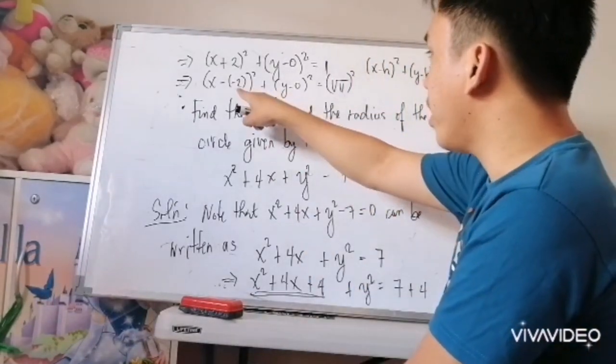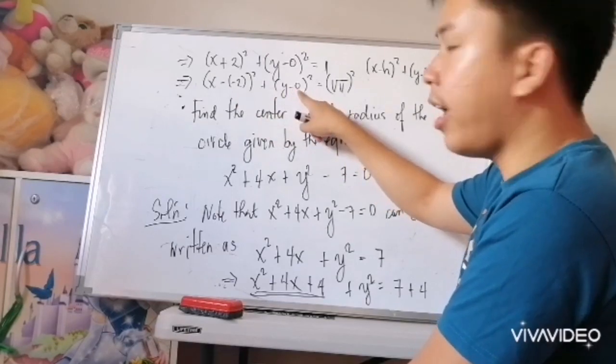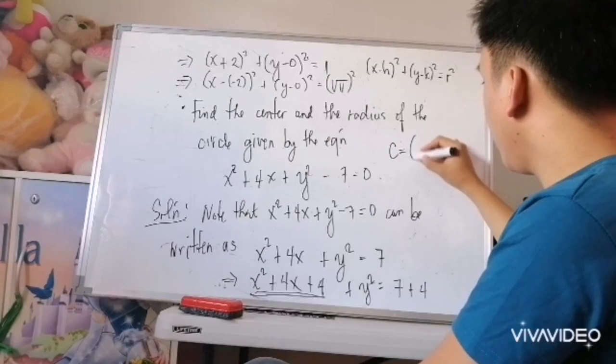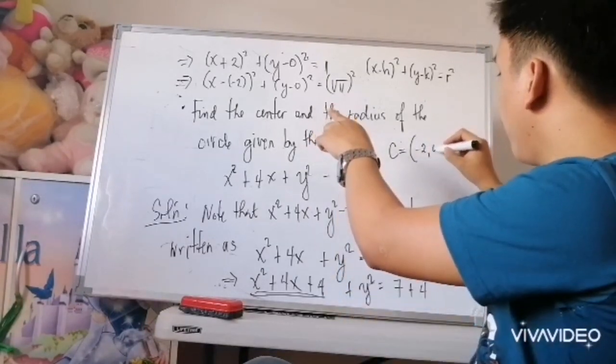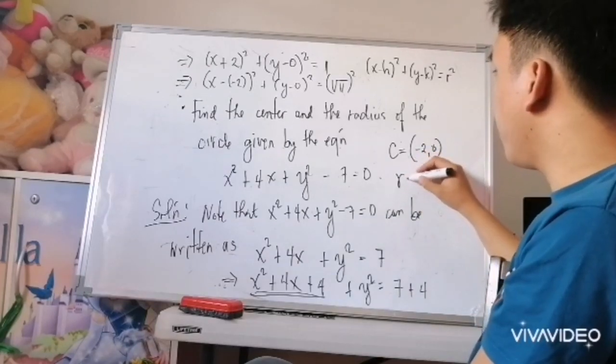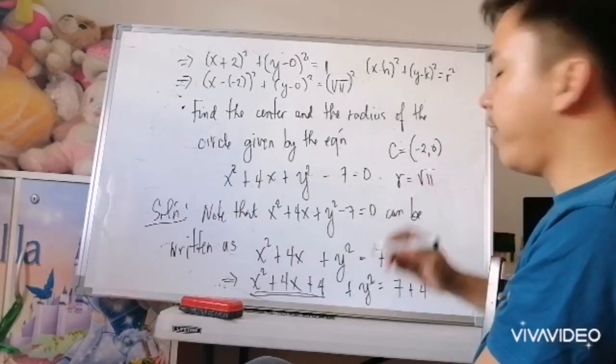So therefore, this is now my h, this is now my k, and this is now my r. So therefore, the center is (negative 2, 0). And the radius is square root of 11.